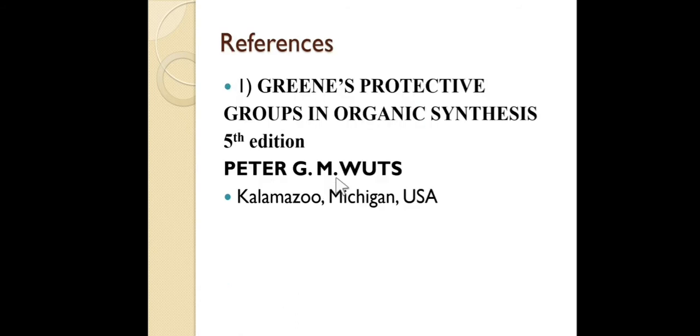You can go through this reference book, Greene's Protective Groups in Organic Synthesis, 5th edition by Peter Wuts. It is a very good reference book for the protection and deprotection of organic compounds. I took all the reactions from this book, so you can refer to the book for protection and deprotection.